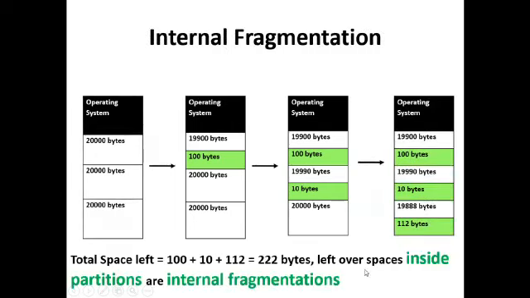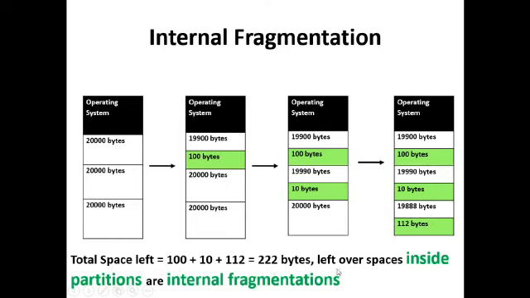Another process P3 of size 19888 bytes will get allocated inside another 20,000 bytes partition, and will leave 112 bytes as a hole. So, total space left is 100 bytes plus 10 bytes plus 112 bytes, which is equal to 222 bytes.